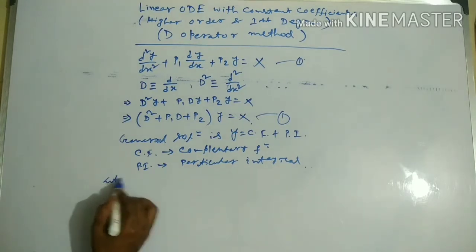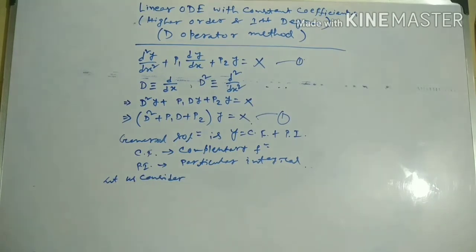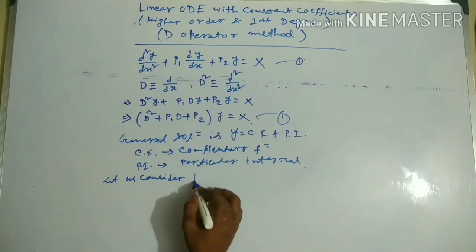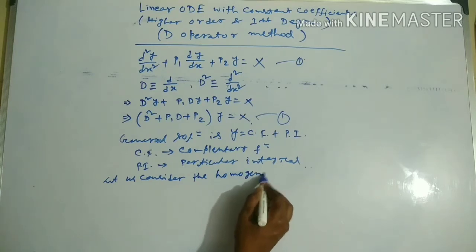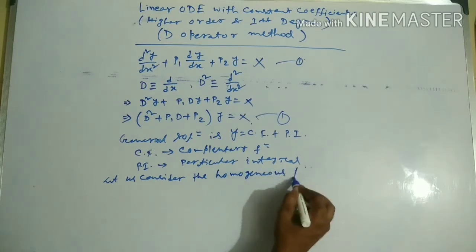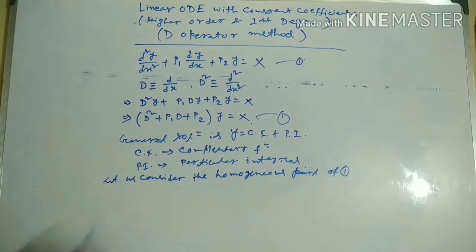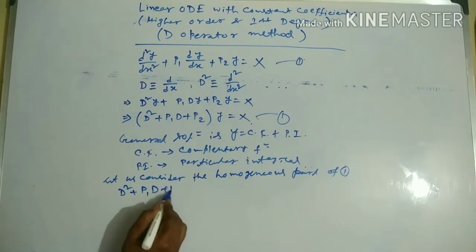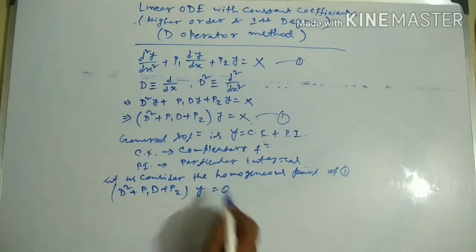So let us consider, now I am discussing how to find the complementary function. Let us consider the homogeneous part of 1, that is D square plus p1 D plus p2 operating on y equal to 0.